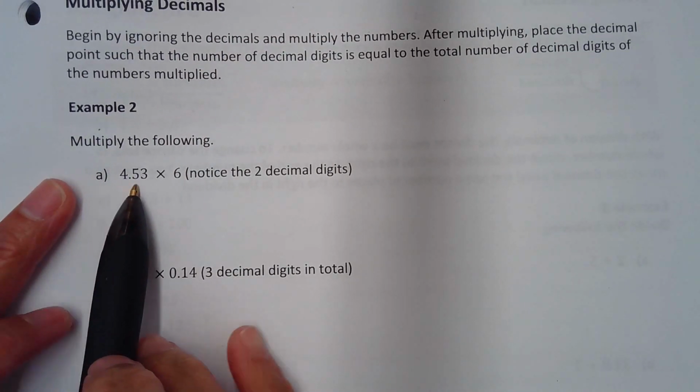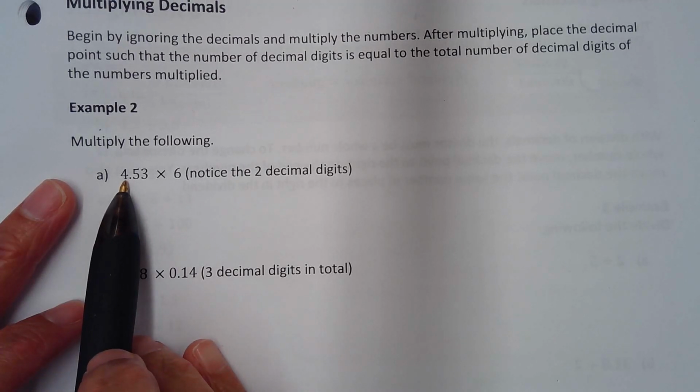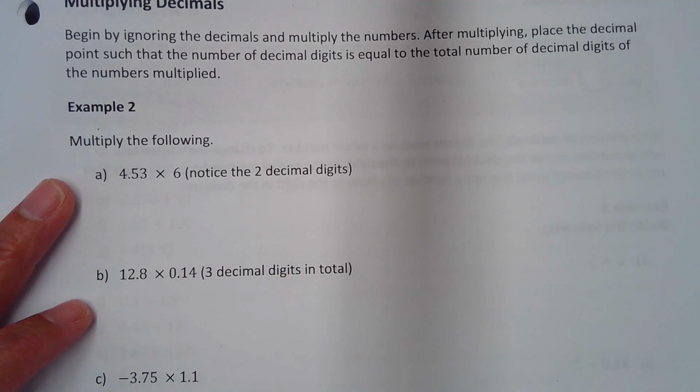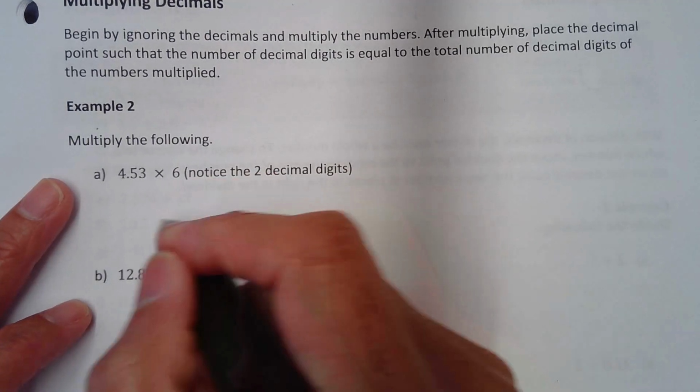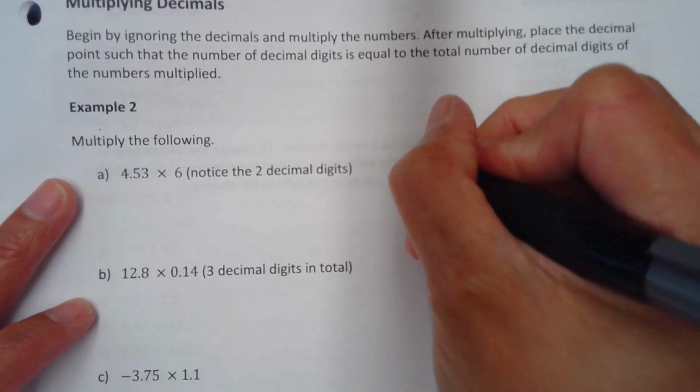I'll give you an example. First, they said to multiply it without the decimals. So if you were to do this without a calculator first, what are we going to do?